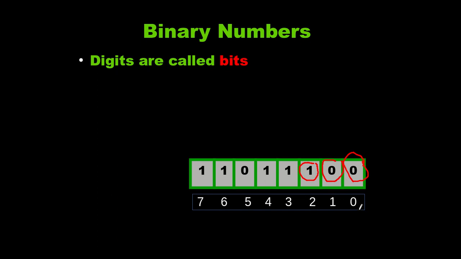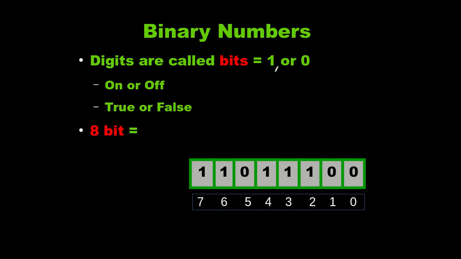And usually in computers we start with 0. This is bit 0, this is bit 1, this is bit 2, it has a 1 in it, this has a 0, 0, this is bit 3, this is bit 7, it has a 1 in it. A bit can only have a binary value. Binary is 1 or 0, true or false, on or off.